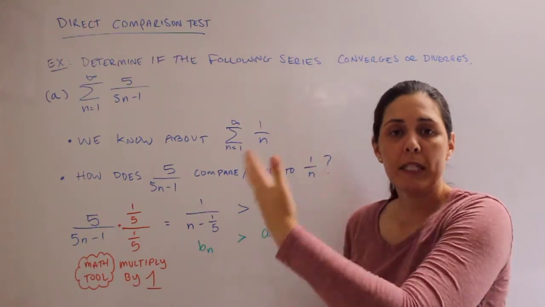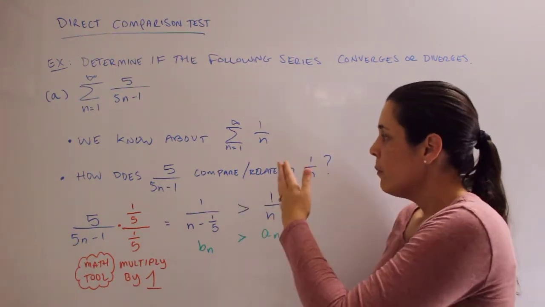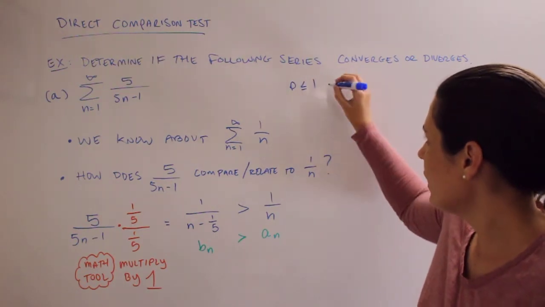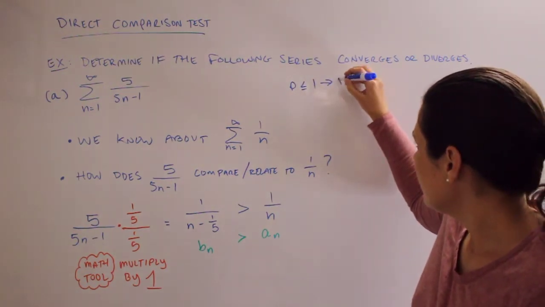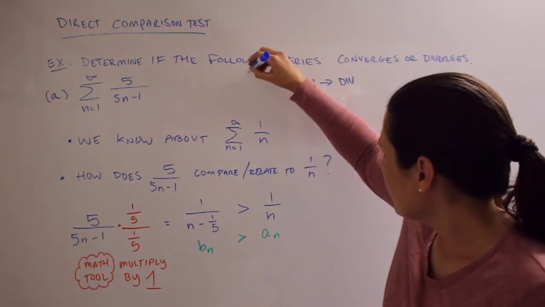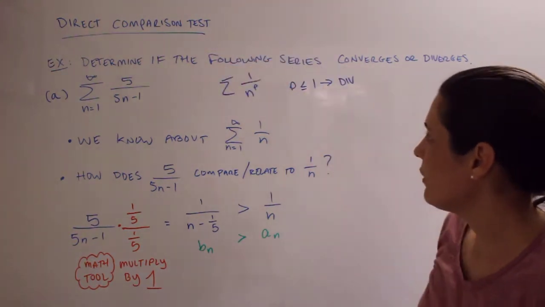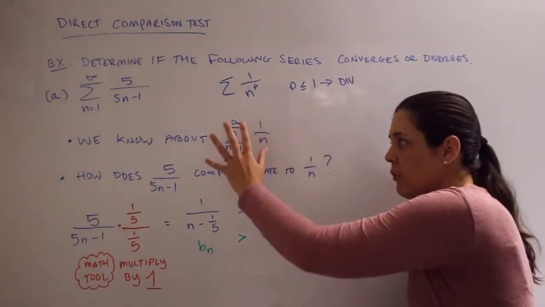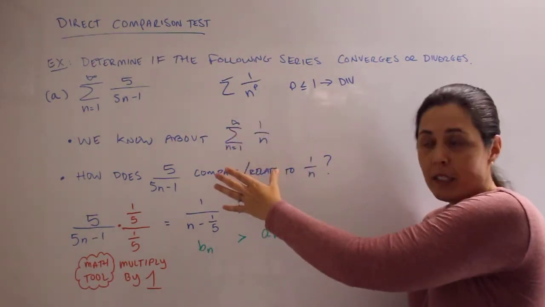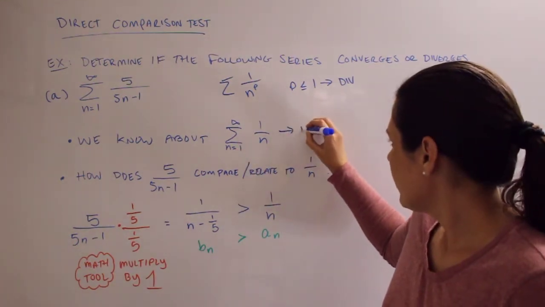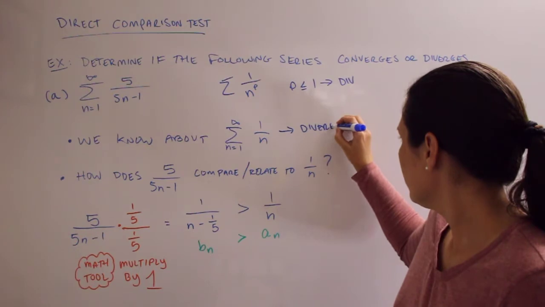And by any p series, when p was less than or equal to 1, that series diverged. That was when we had 1 over n to the p. We just talked about this in the previous section, p series. Specifically though, this one had the name harmonic series. This series diverges. We know that this series diverges.